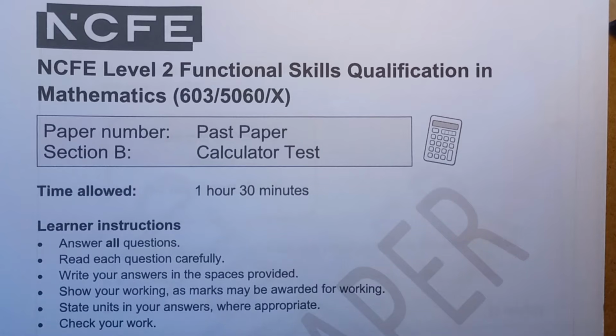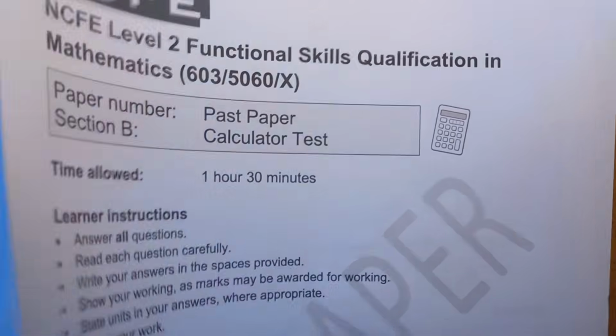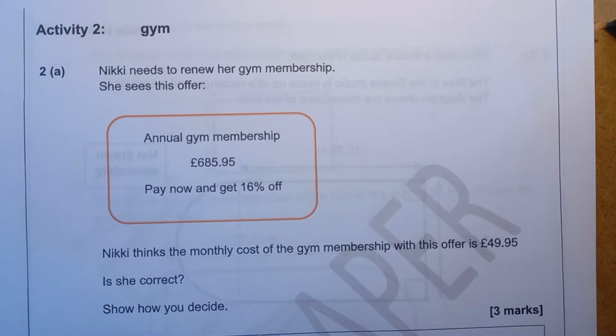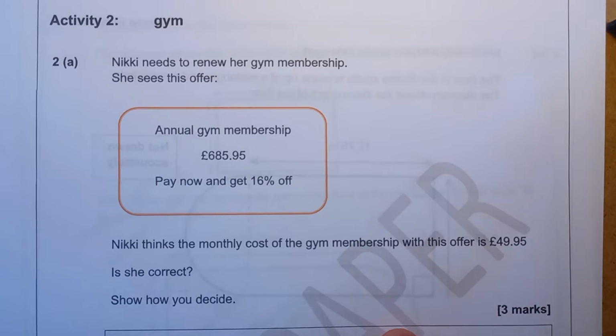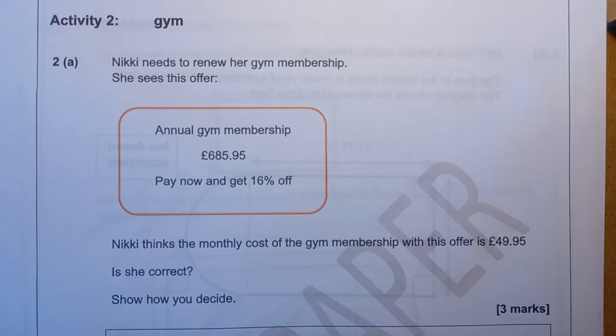Okay, so now we're on to the calculator section. Activity 2, gym. 2A, Nikki needs to renew her gym membership. She sees this offer. Annual gym membership, £685.95.